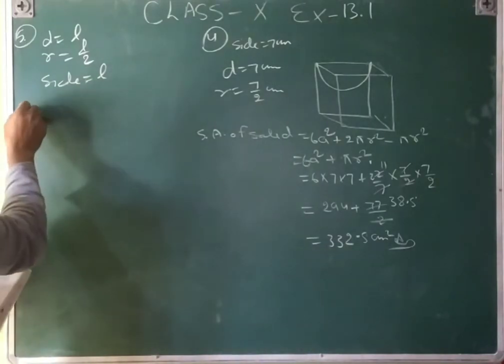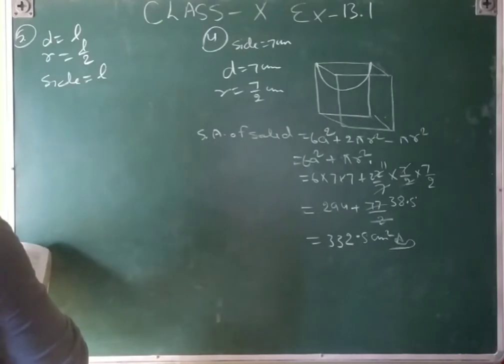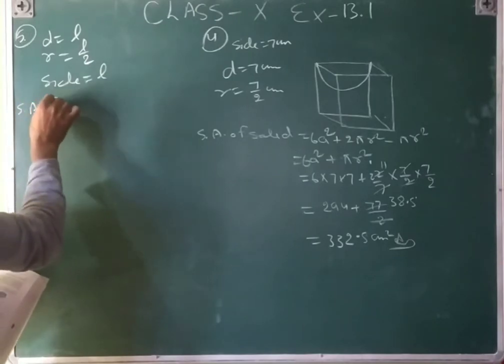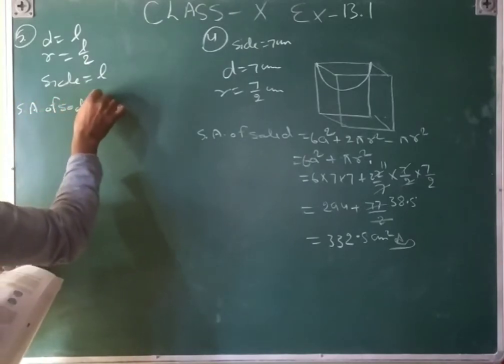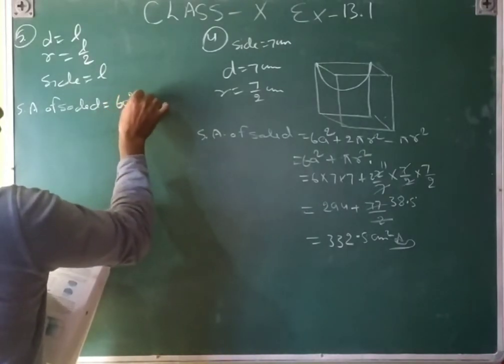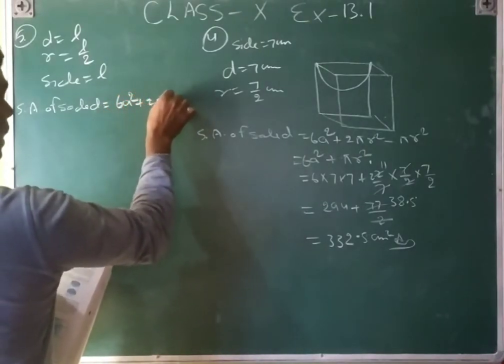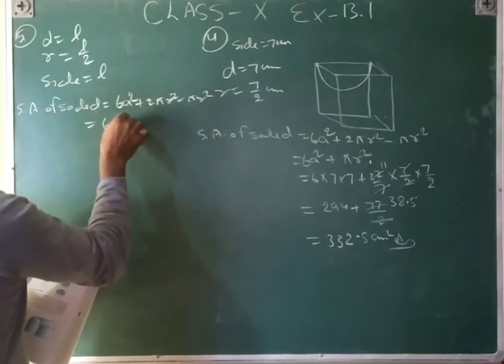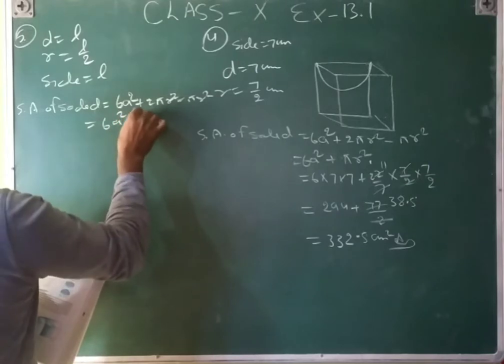Now determine the surface area of the remaining solid. So surface area of solid is equal to, the same process, 6a square plus 2 pi r square minus pi r square. So 6a square plus pi r square.